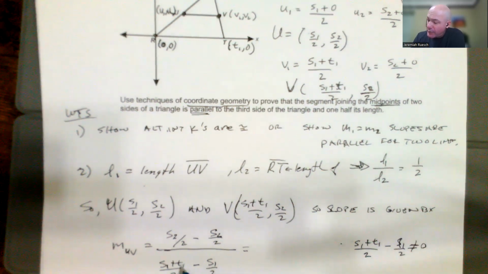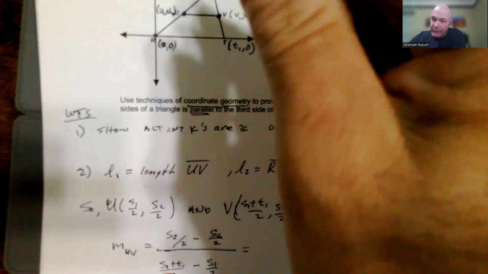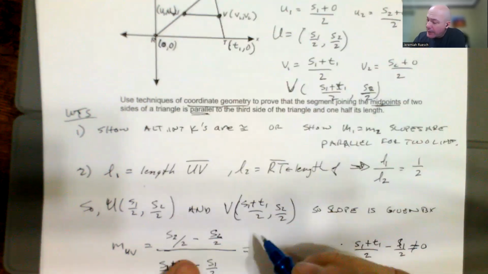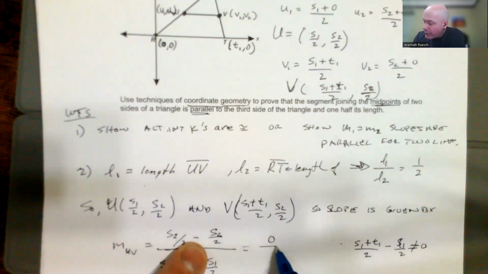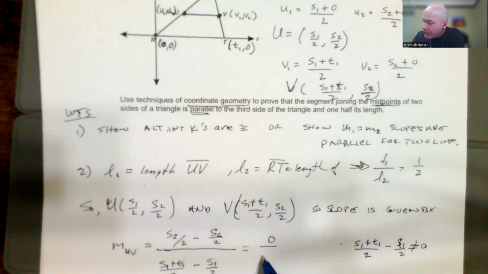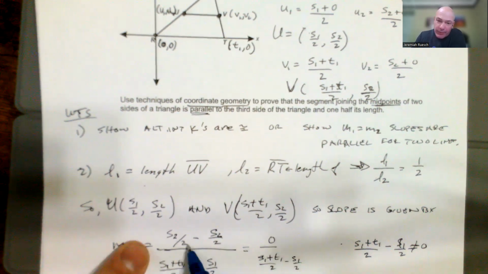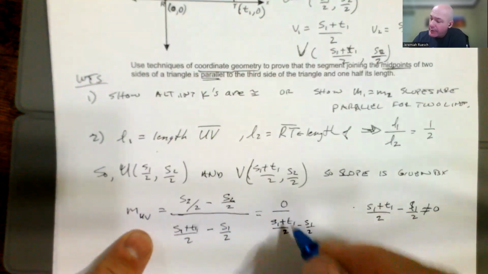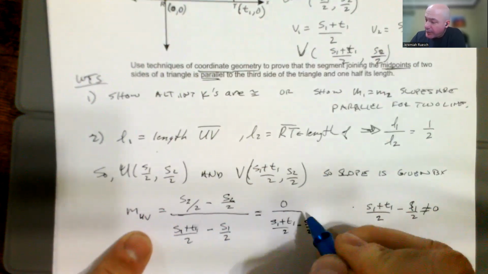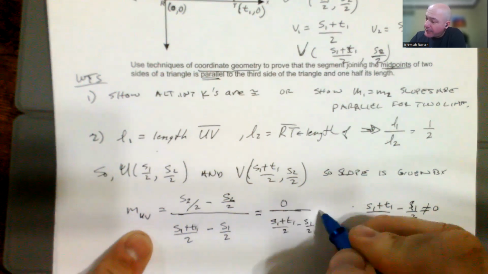I'm assuming that T1 is different than 0 so that these two are not the same value. In other words, it's not a vertical line. That then I have 0 over some number. And if you wanted to, you could multiply top and bottom here by 2 since they're all divisible by 2 to cancel out the common factor. But this is equal to 0.